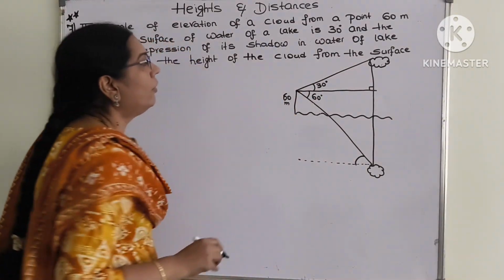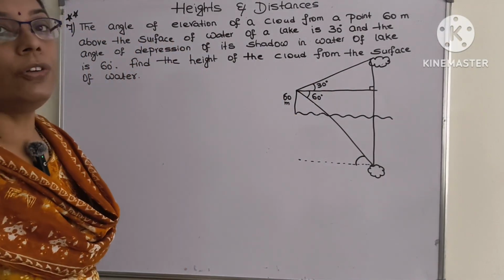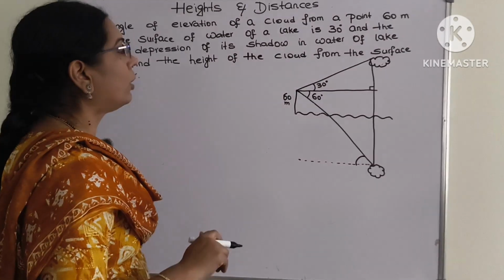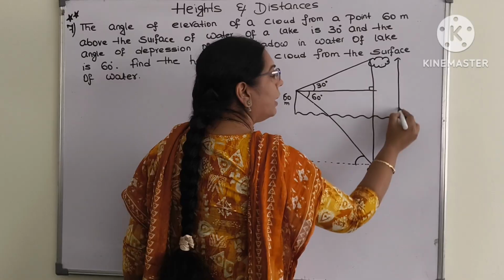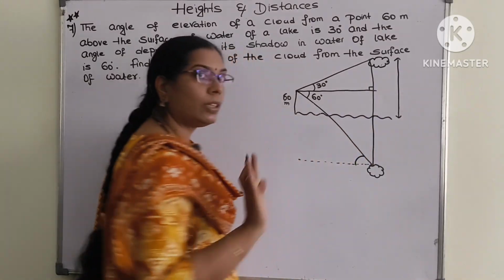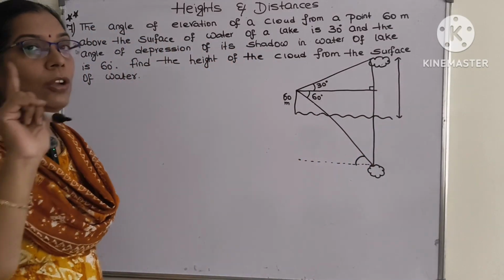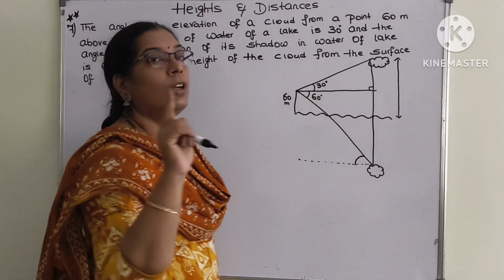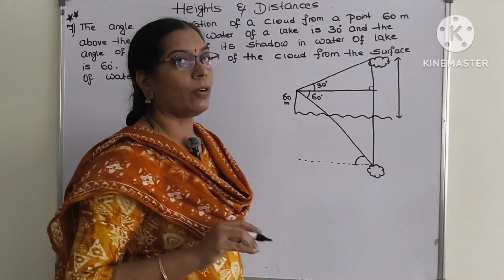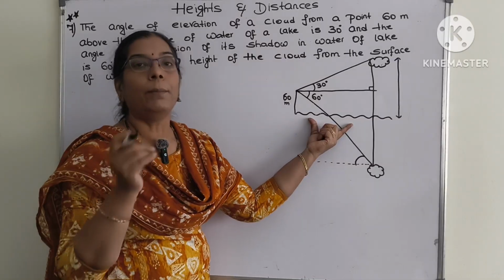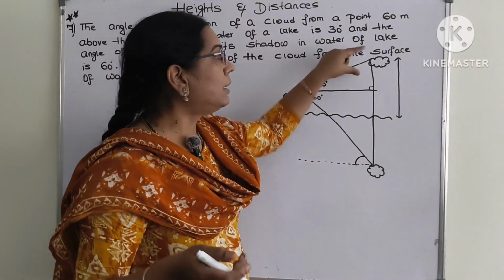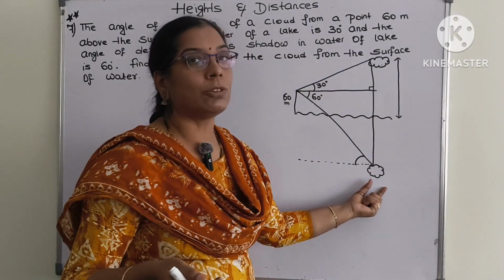Now he is saying find the height of the cloud from the surface of the water. So from here till here we have to find the height of the cloud from the surface. That is the question. Now here we have to revise our physics topic. If the water is acting like a plane mirror, this becomes the object, this becomes the image.